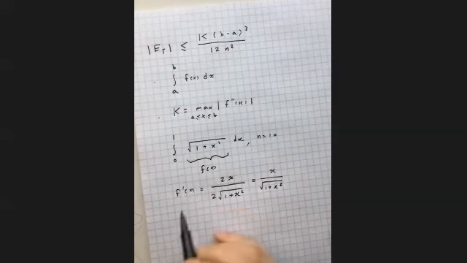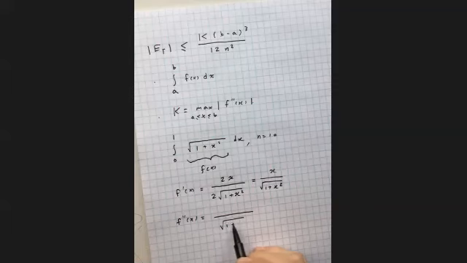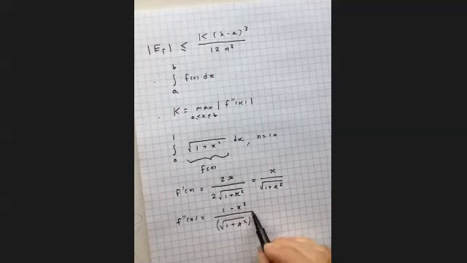Because we are interested in the second derivative, we differentiate once more, and by the quotient rule you get 1 minus x squared over 1 plus x squared, and this one is cubed in the denominator.